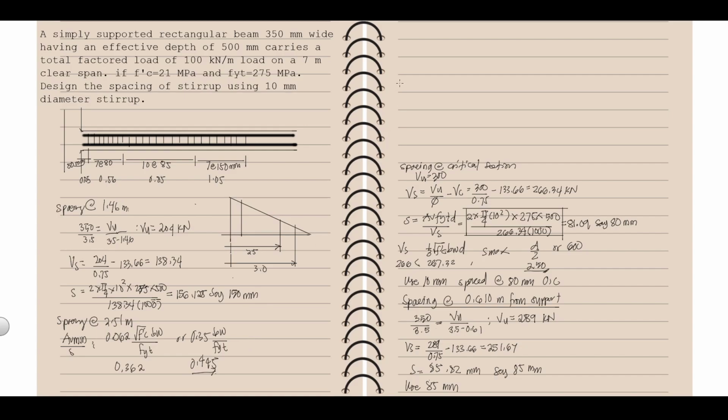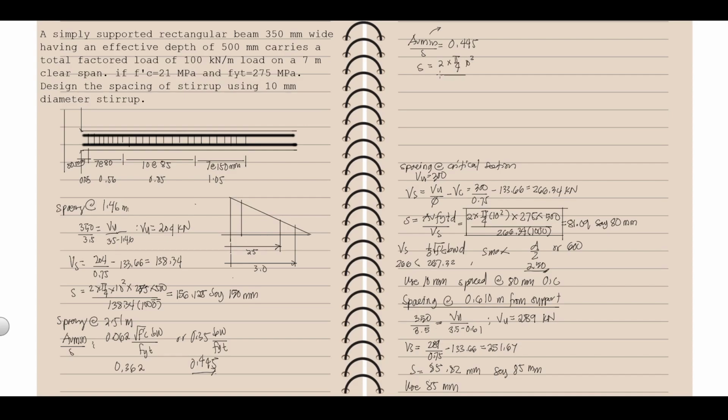Okay, so kunin natin dito. Let's solve for the S. So AV min over S is equal to 0.445. So S po ang kinukuha natin dito. So we will have AV min. Anong value ng AV min natin? So take note, all throughout hindi magbabago yung AV natin all throughout the beam. Okay? Which is dalawang legs ng 10 mm.